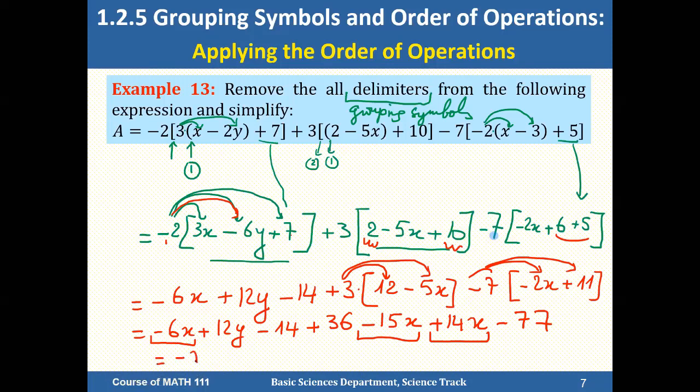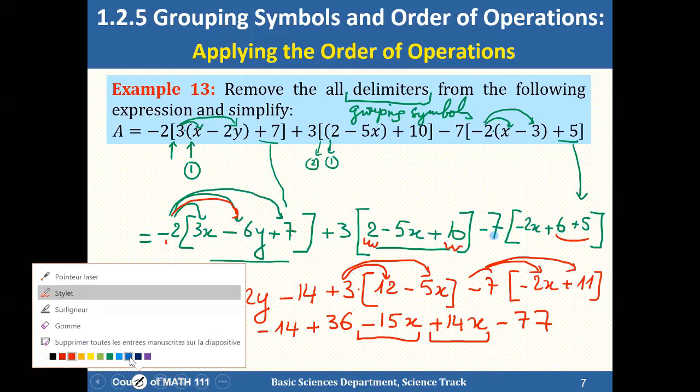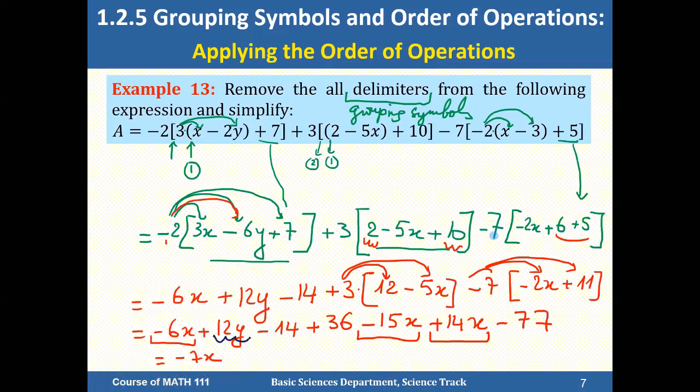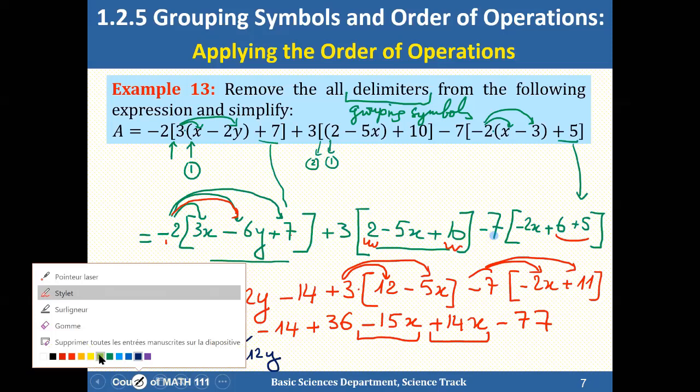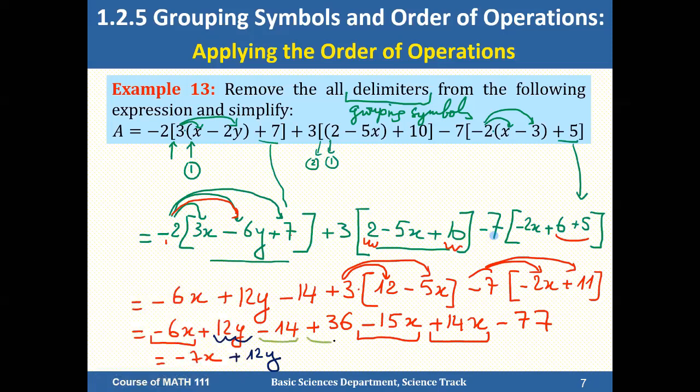Bravo. The y terms: we have just 12y, only. And the constants: minus 14 and 36 gives 22, 22 minus 77 gives minus 55. Minus 55 and we are done. We cannot simplify now, so we are done.